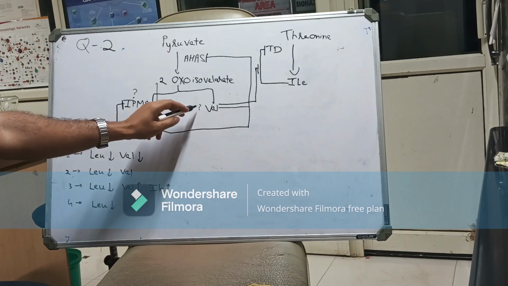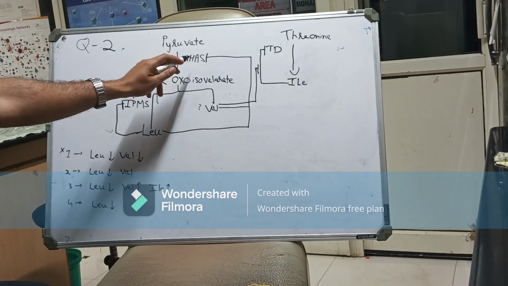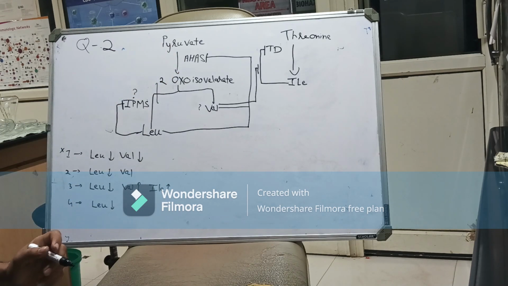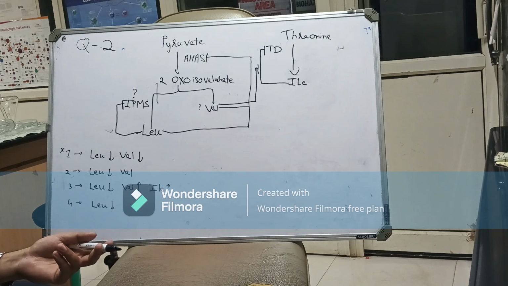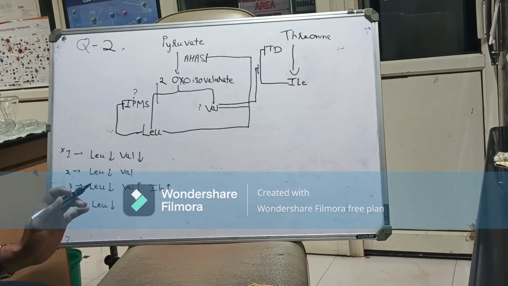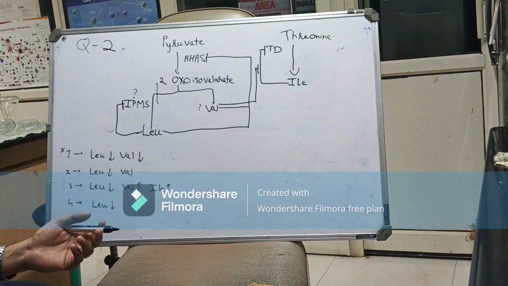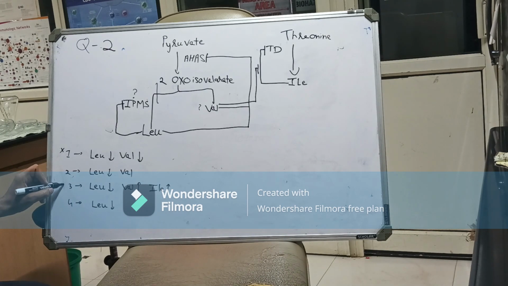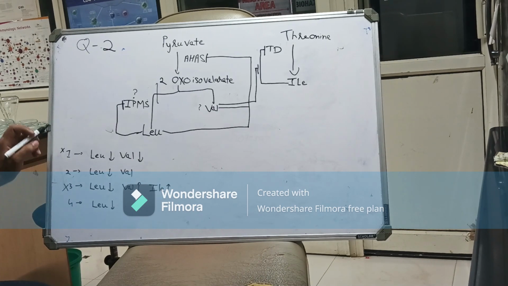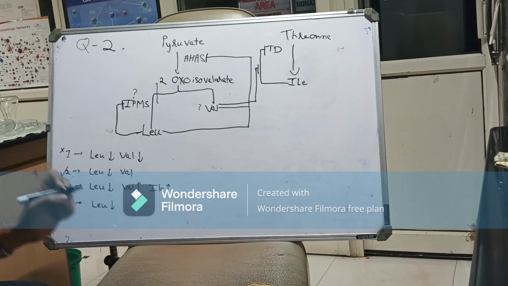Because when it reaches a certain level, it will inhibit the enzyme AHAS. So there won't be any excess valine production. With this explanation, we can consider both option 2 and 3. There won't be any increase in valine production, so option 3 is out. Valine will remain unchanged, so we have got one correct answer.